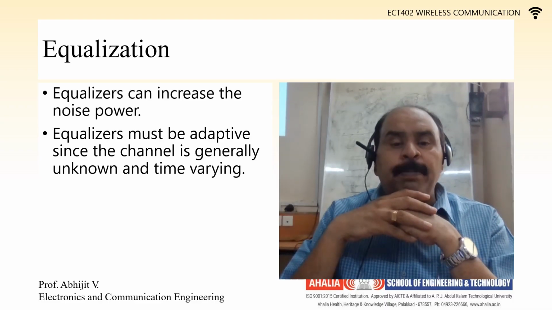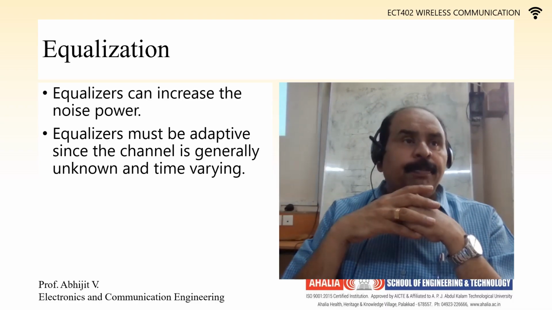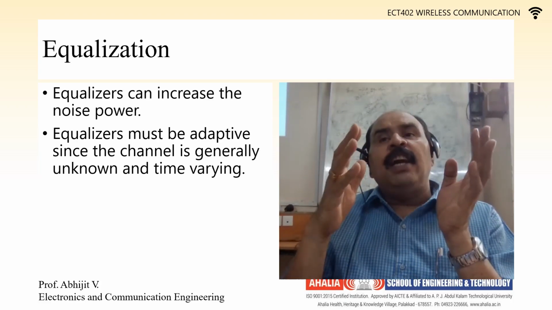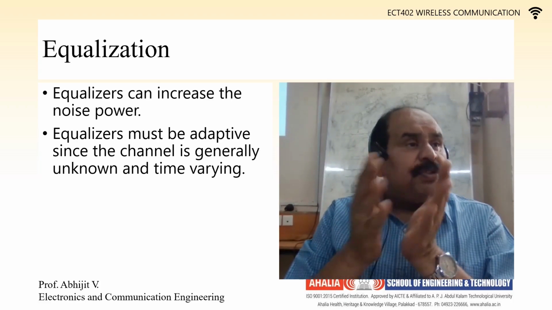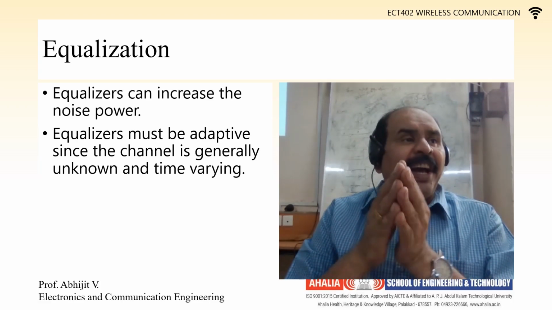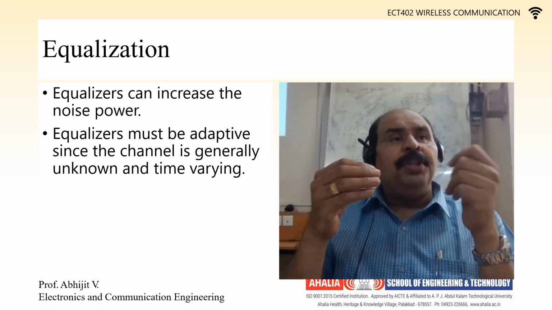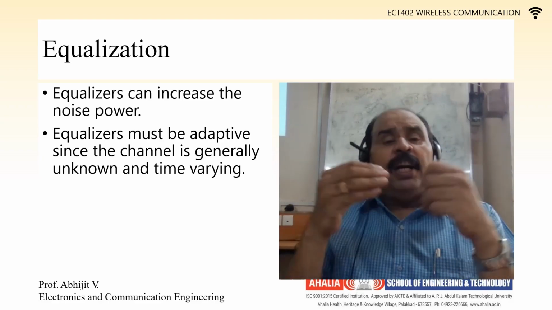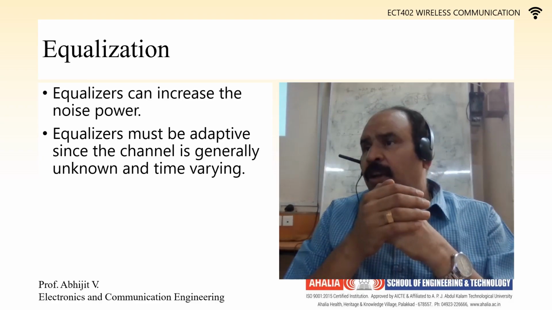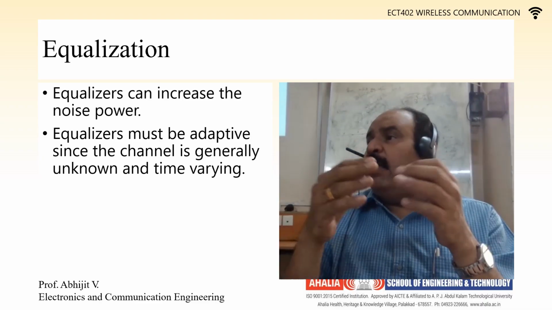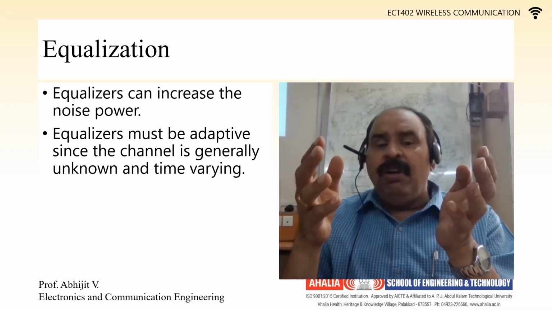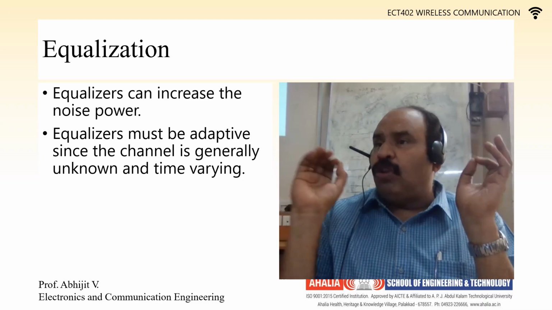Equalizers must be adaptive since the channel is generally unknown and time varying. A wireless channel can have indefinite problems. As the wave travels from one point to the other, there might be different kinds of distortions. The wave travels in multiple paths, so there can be different kinds of distortions.